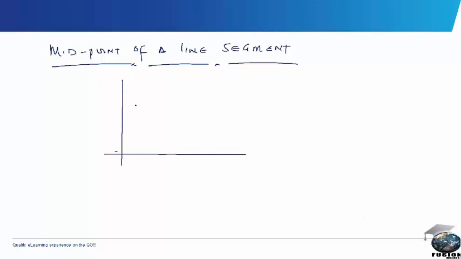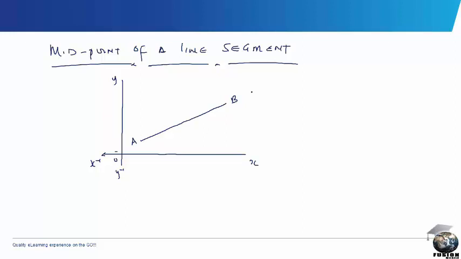Suppose we have here the y coordinate and the x coordinate, and then the negative y coordinates and the negative x coordinates. Suppose we have a line, and we wish to determine the midpoint of this line. Just like previously, we call this line AB, and here we have our origin 0.